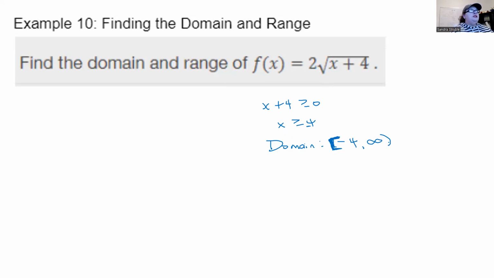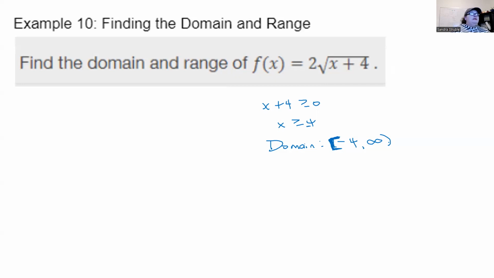What is my range going to look like here? Will I ever have a negative number come out of that? No, I won't, because 2 is already positive, and underneath my radical, I'll never have anything that's going to provide me a negative number. So there will be no negative numbers in my answer.